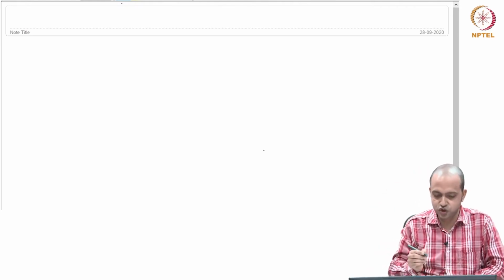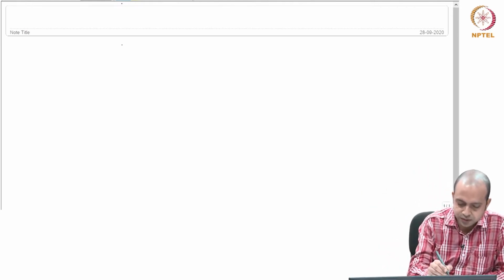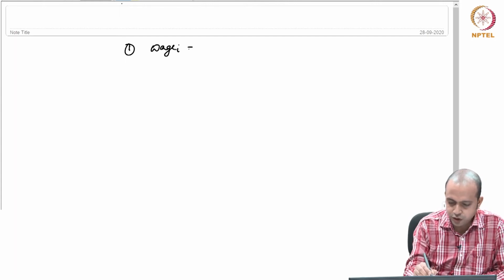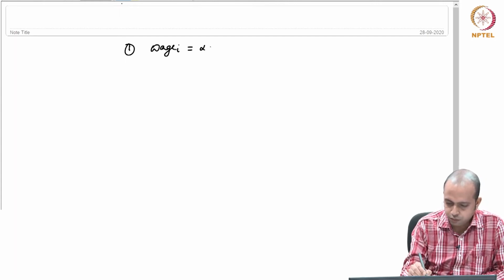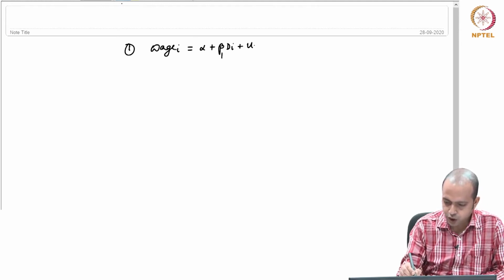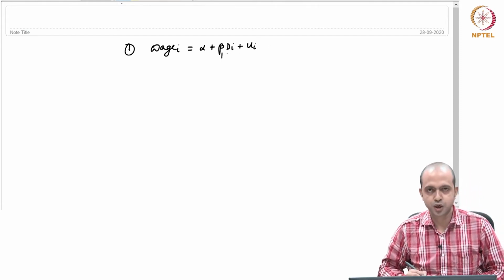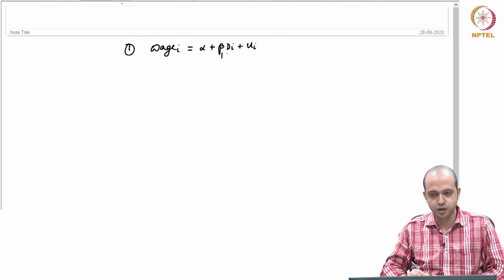In today's discussion, the first case is this. Wage of the ith individual is alpha plus beta 1 di plus ui, and this model we call the ANOVA model, since we have only dummy variable in the right hand side.